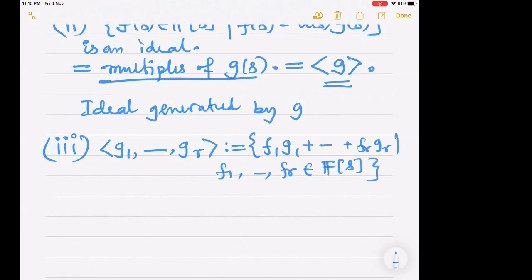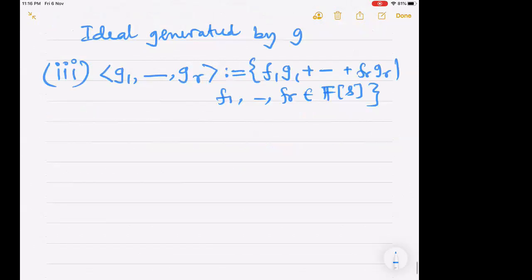This is the ideal generated by g1 up to gr. This is also an ideal. One can go ahead and check that it satisfies both the properties of an ideal. This goes to you as a homework. Check that this is an ideal.